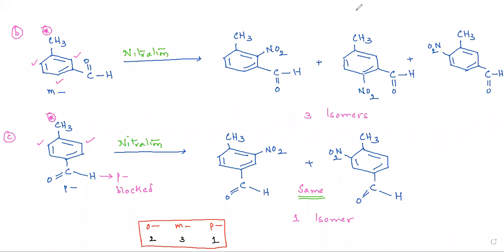When both are ortho para, in fact, the one which is more activating decides the product. And you get ortho para products. When both are meta, the one that is a strong deactivator decides the product. And you get a meta product in that case. When one is ortho para and the other one is meta, no doubt, the ortho para one decides the fate of the product.